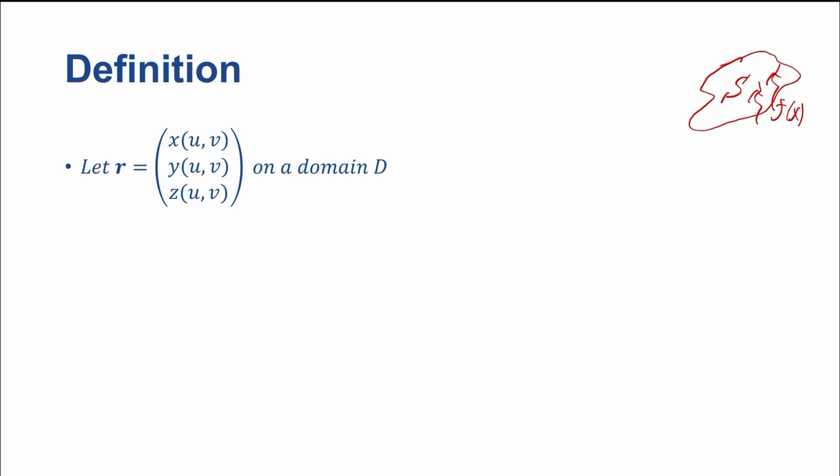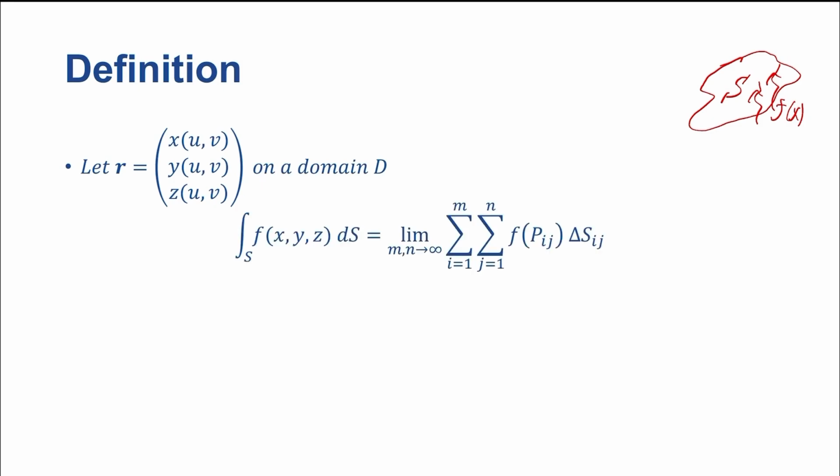So as always, we start with the parametric definition where x is a function of u, v, y is a function of u, v, and z is a function of u, v on some domain D in the uv space. On that domain, we want to define a Riemann sum. Sorry for the notational difference here.